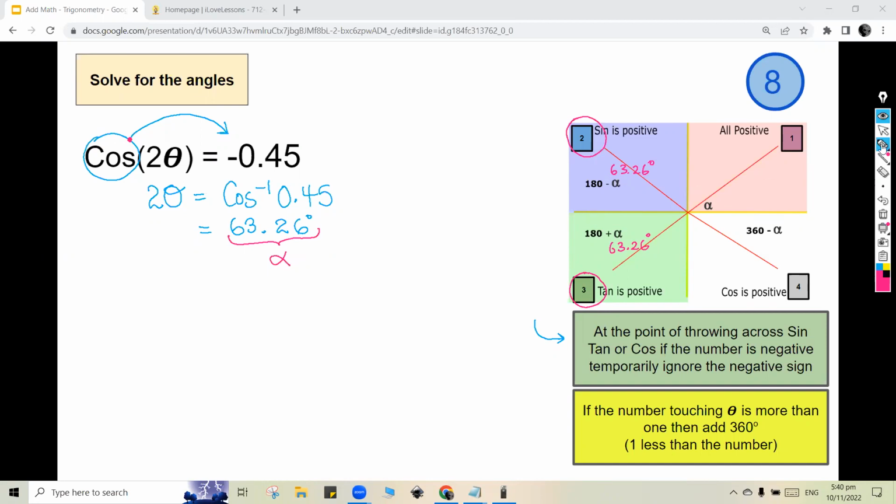So get your 2 answers over there. I'll have to write it up here. Theta 1, theta 2. But I shouldn't call it theta 1 and theta 2 yet.